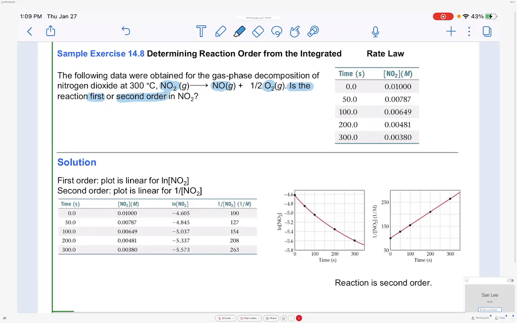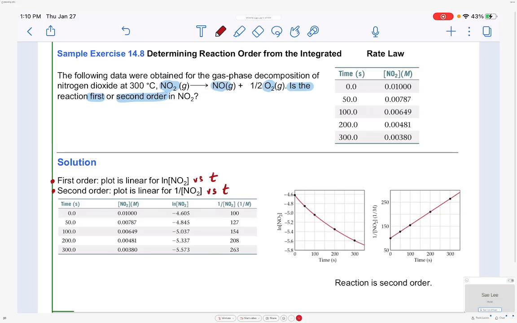As we observed previously, if it is first order, the plot is linear for natural log of concentration versus time. If the reaction is second order, the plot is linear for 1 over concentration versus time.